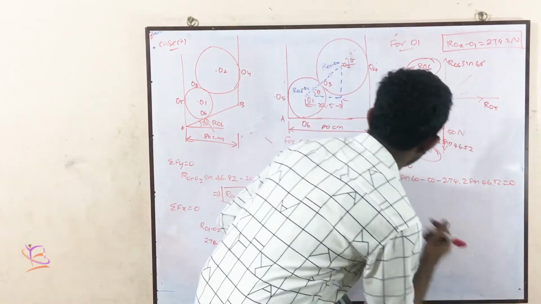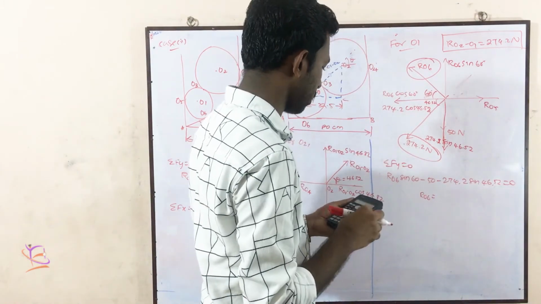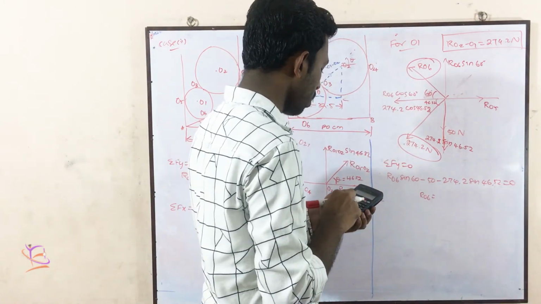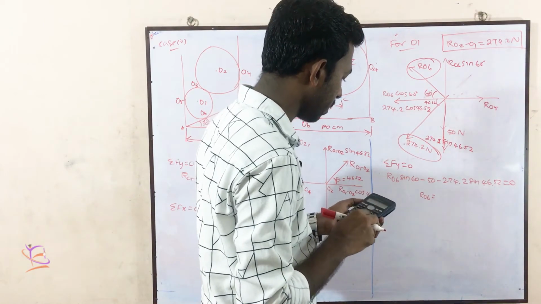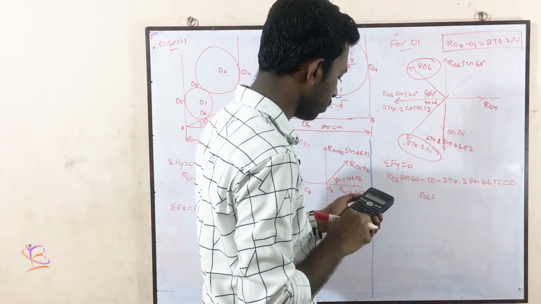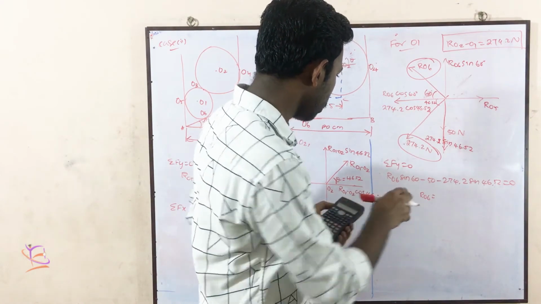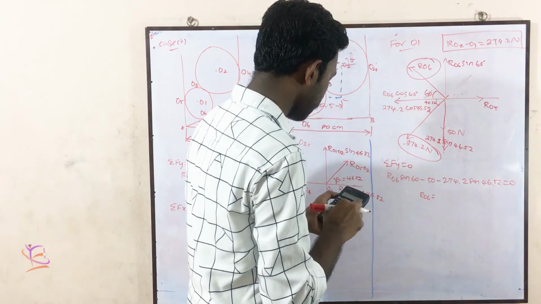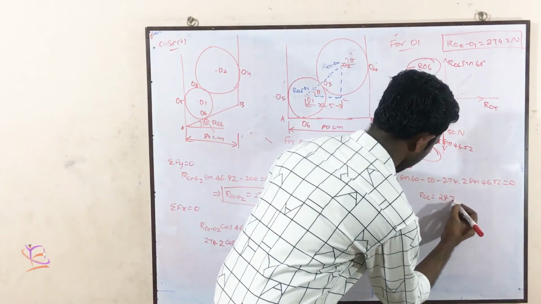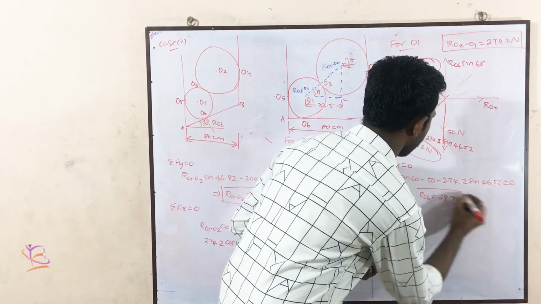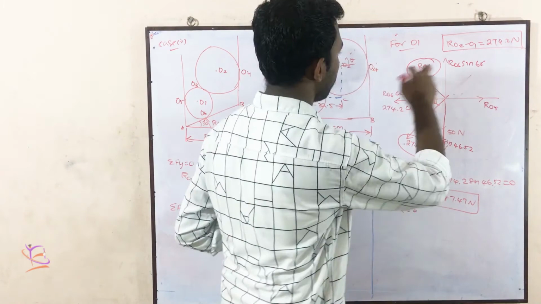So now RO6 equals, you have to do the calculations: 274.2 into sin 46.52 plus 50, divided by sin 60, equal to 287.47 Newton.